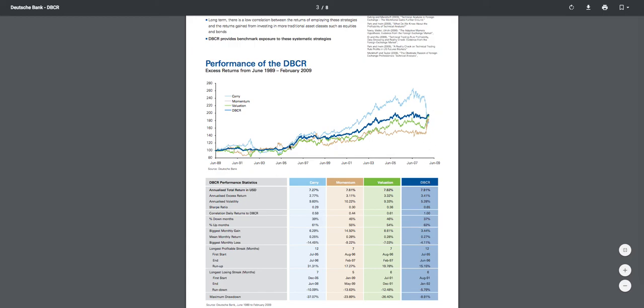But something you might notice here about momentum and carry is that momentum goes for long periods of time with very little gains, and then suddenly it'll just soar. And carry is sort of the opposite. It'll go long periods of time with consistent gains, and then it'll just suddenly plummet.